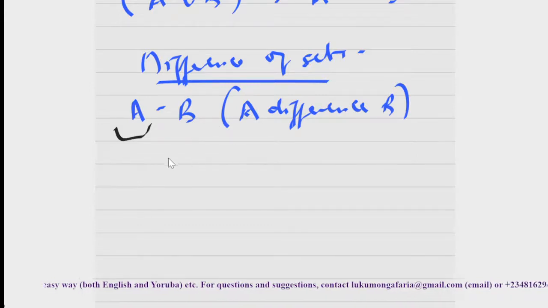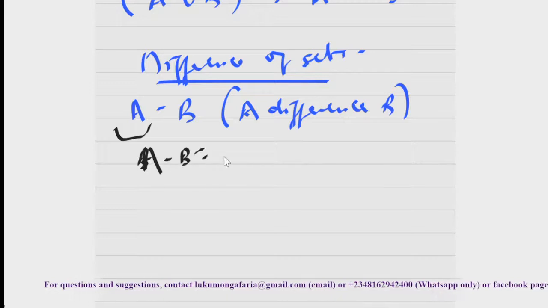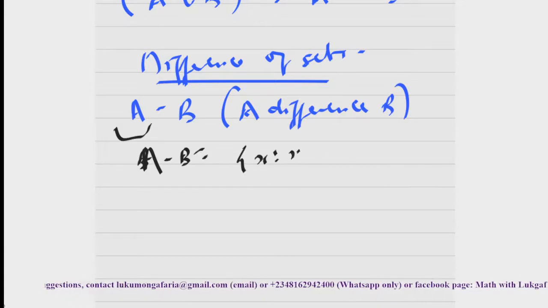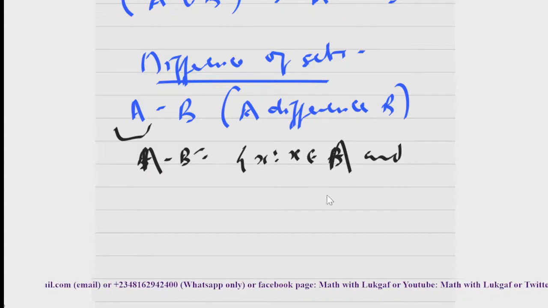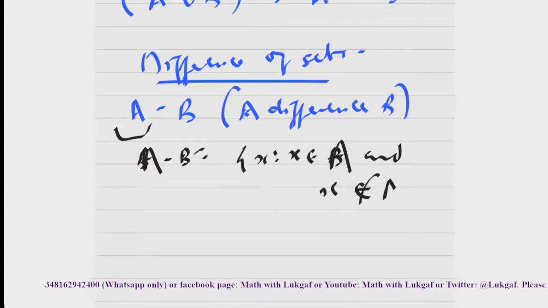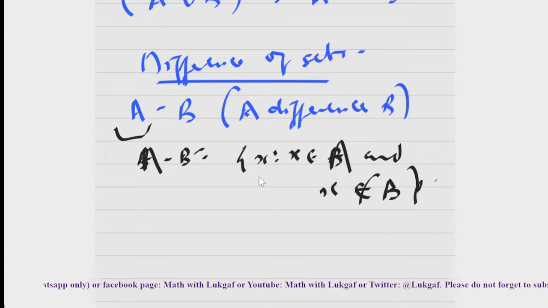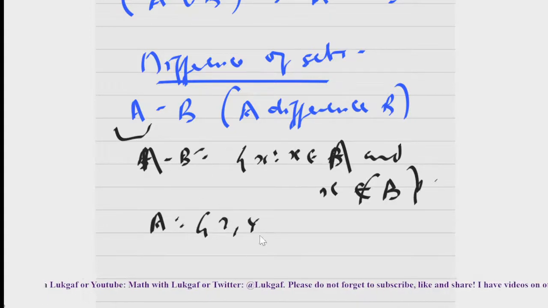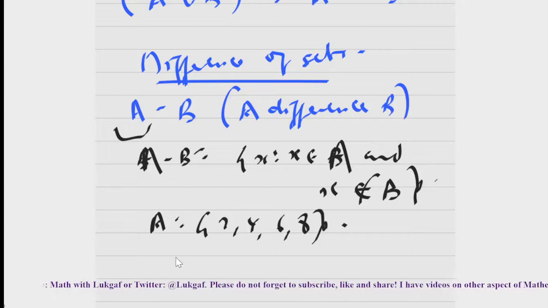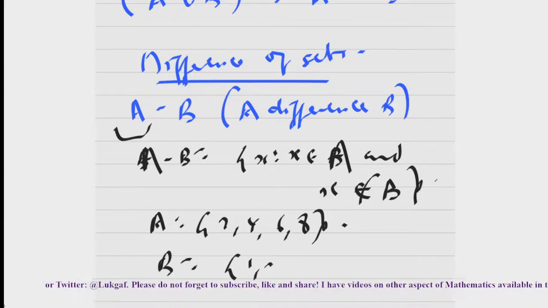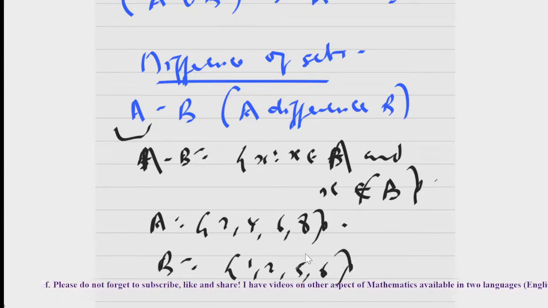If you want to write it algebraically, you can say that A minus B is a set of x such that x is in A and x is not in B. Let me give you an example to understand what I'm trying to say. Let's say I have A to be 2, 4, 6, 8, and B is equal to 1, 2, 5, 6.